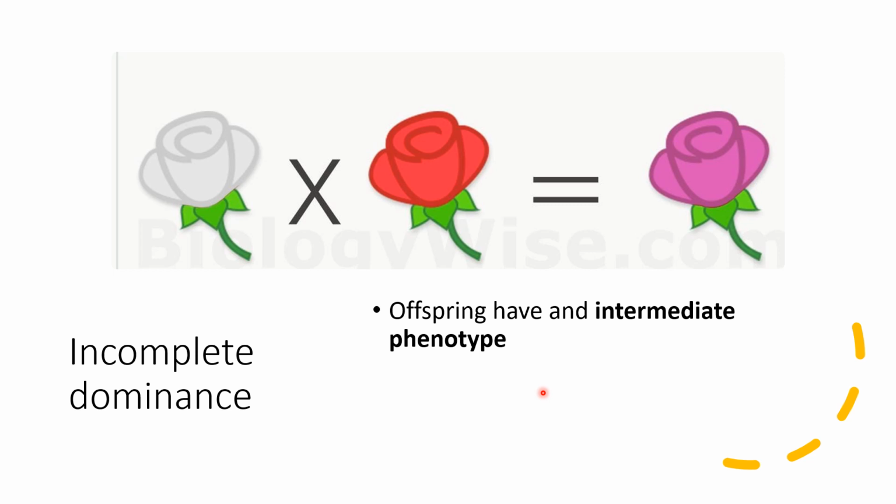It didn't take one color and completely dominate its phenotype. No, it took both the colors of the parents, and its phenotype is in between the phenotypes of the parents. This can be the same thing as a very short person producing a baby with a very tall person, and that baby is somewhere in between the heights of these two people.